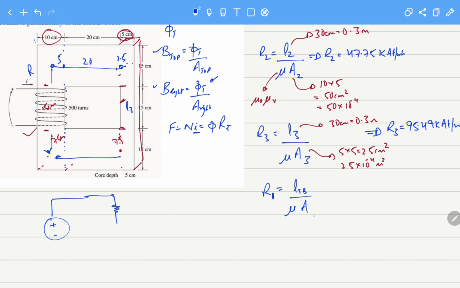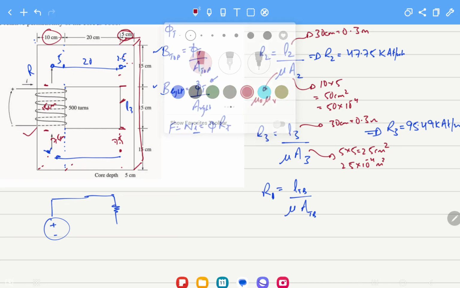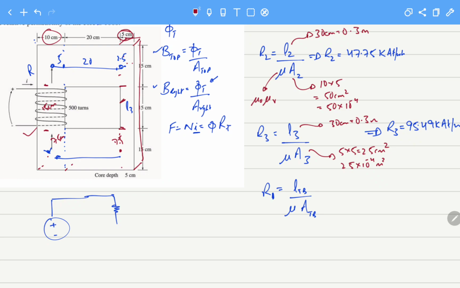So R1, that is combined, is the top and bottom length over mu and area of top bottom. So this will actually become 55 centimeter. I am writing them together, that equals 0.55 meters. Mu we know. Top bottom area, let's look at the width of that side. The width of the top side is, we can see, 15, and the depth is 5.